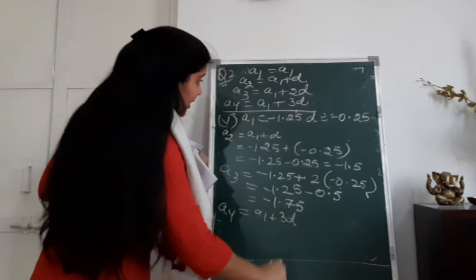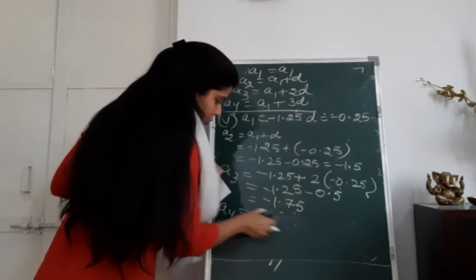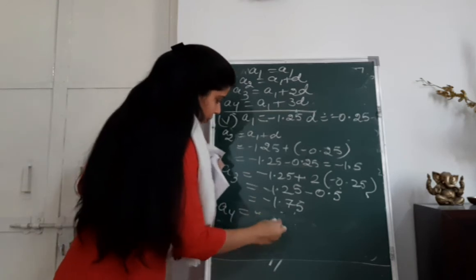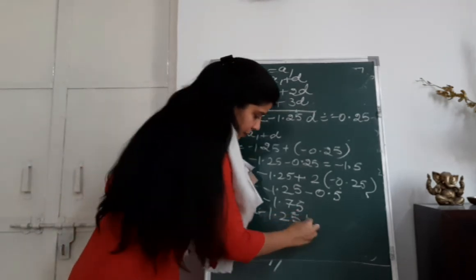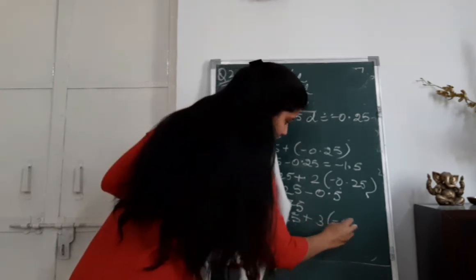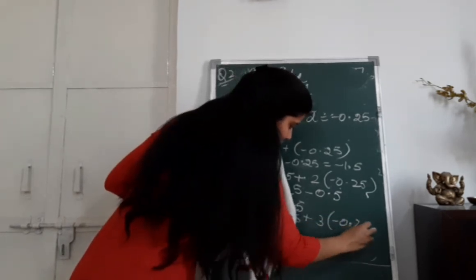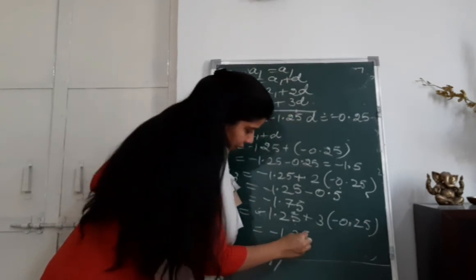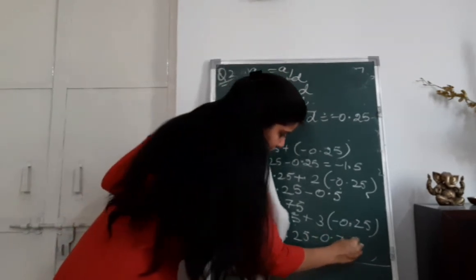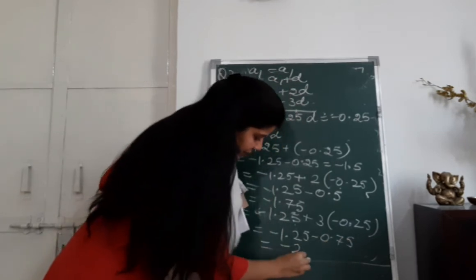A1 plus 3D, that's mentioned there, so I'm just going to write it directly, which is minus 1.25 plus 3 into minus 0.25, which is nothing but minus 1.25 minus 0.75, that is minus 2.